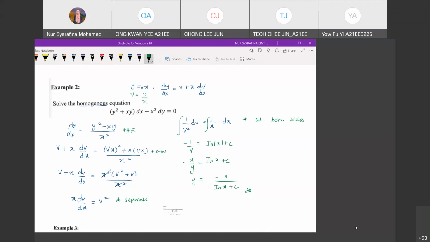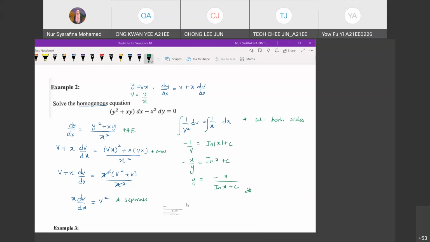Just like separable, if it is a non-separable equation, then we can reduce it to separable by using the right substitution. Same with homogeneous. If it is non-homogeneous, by using the right substitution, we can reduce it to homogeneous and solve it by using the substitution for homogeneous.